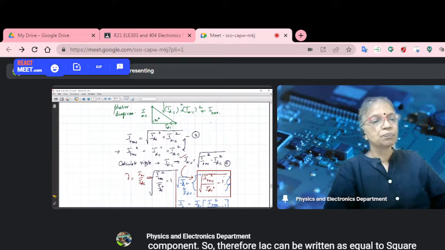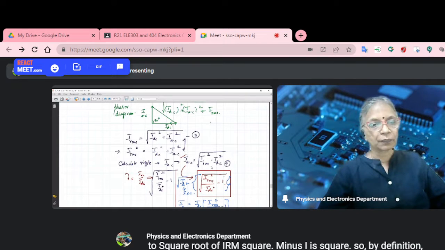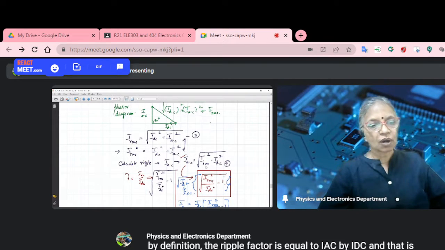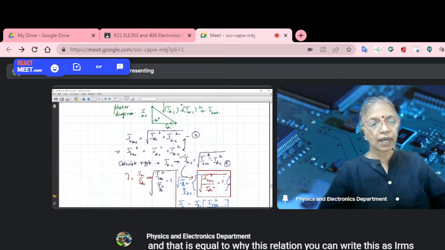By this relation, you take IDC common, so IDC comes out of the square root as a radical sign, and that IDC gets cancelled with this. You are left with the square root of IRMS square by IDC square minus 1.